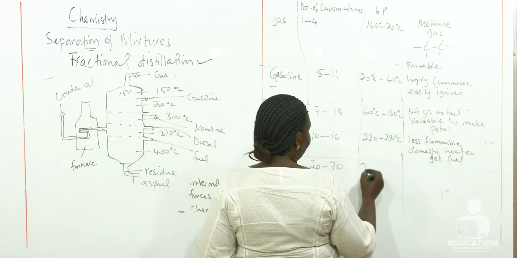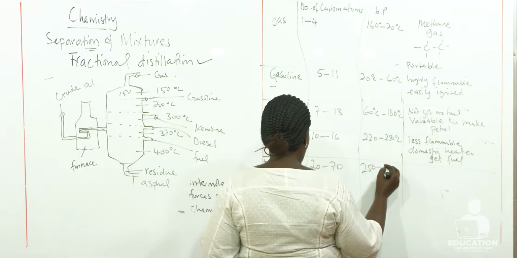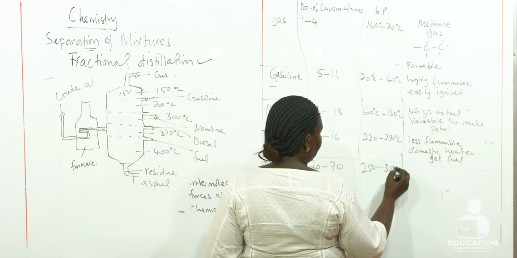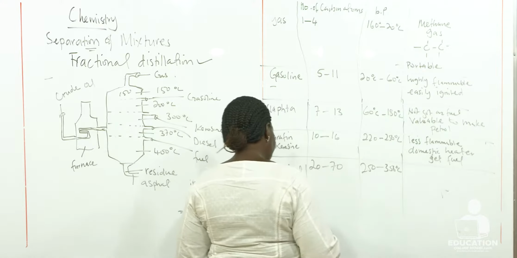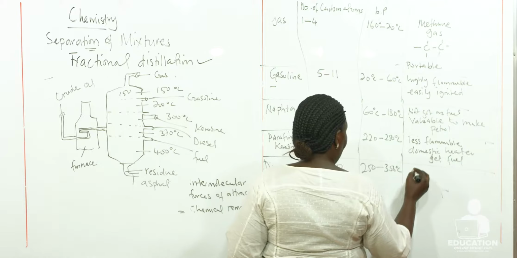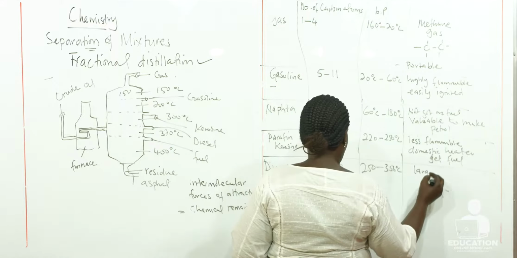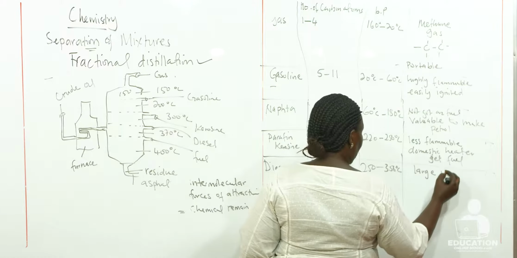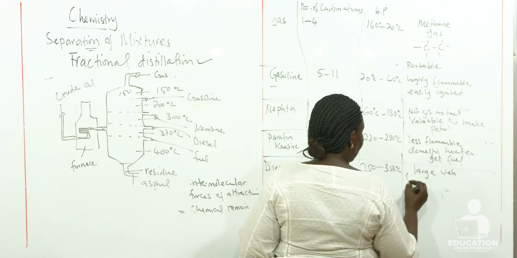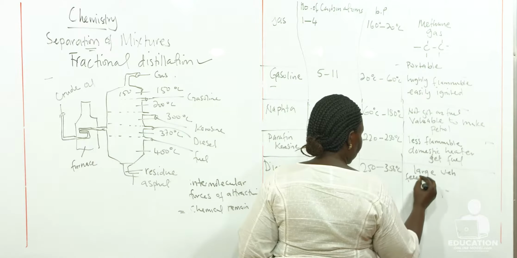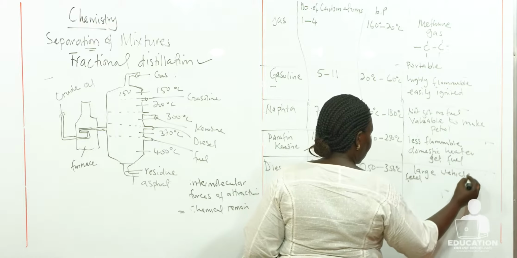The temperature range is 250 to 350 degrees Celsius. And then this diesel is used as fuel for large vehicles.